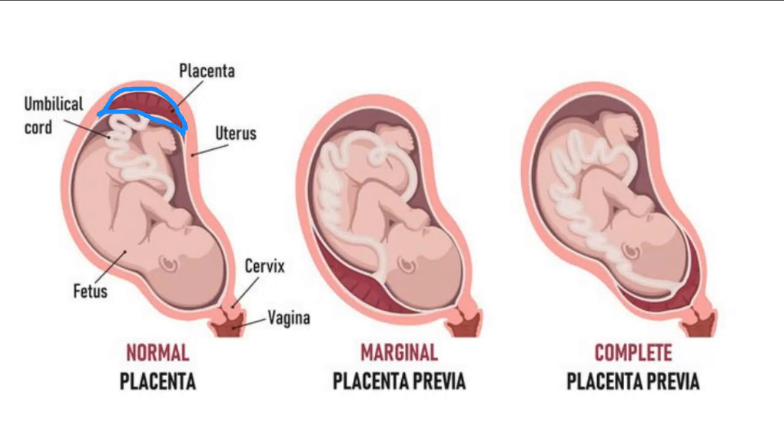A partial is going to be like here, if our placenta was seated there at the cervical os. And then a complete, I mean, the entire thing is covering the cervix. So of course that mom is going to get a C-section.